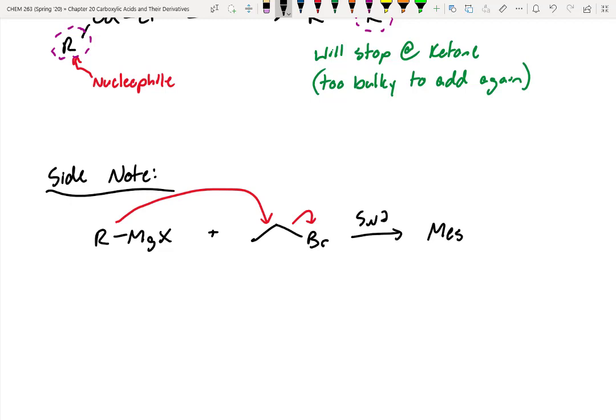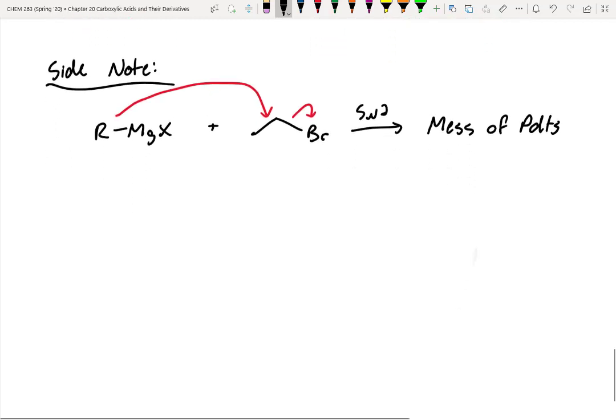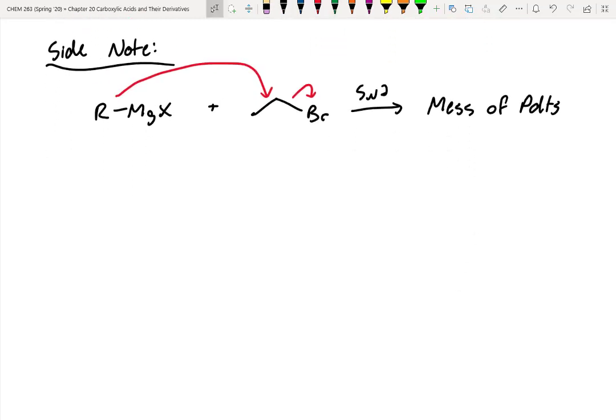Instead, what we get is a mess of products. And this is due to a variety of reasons, one of which is we have a competition with E2 chemistry, right? So even though it's unhindered, it's such a strong base, this Grignard reagent, it'll do a fair amount of E2 chemistry as well. However, if you switch it up and you use a Gilman reagent, meaning the organocuprate, you can actually get an SN2 reaction to occur where you can swap out that bromine for a new R group.